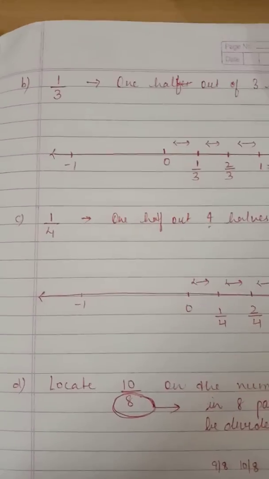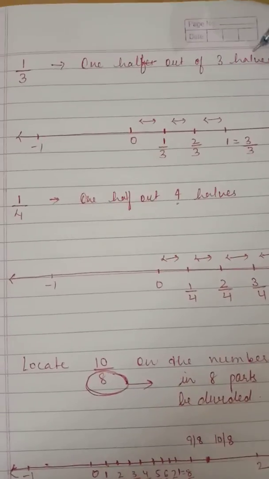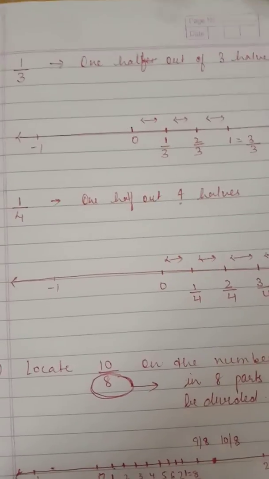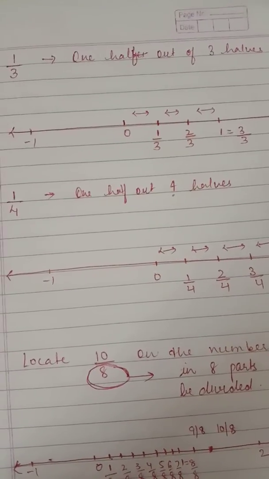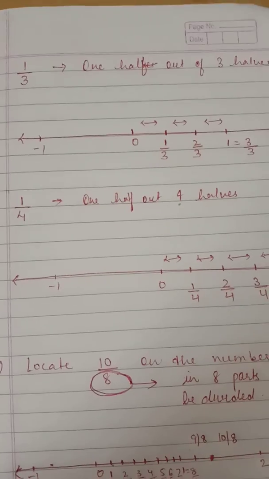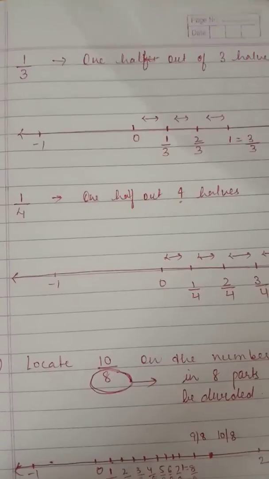Now we will see one more example of 1 by 3. So 1 by 3 means 1 half out of 3 halves. It means now we will divide our line in how many parts? In 3 parts.